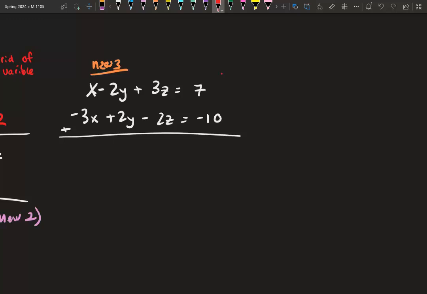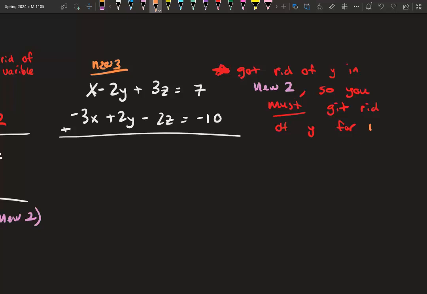So we got rid of y in new 2. So you must get rid of y for new 3. No matter what, you have to get rid of it. You cannot change it. It has to be the same. You have to stay consistent.